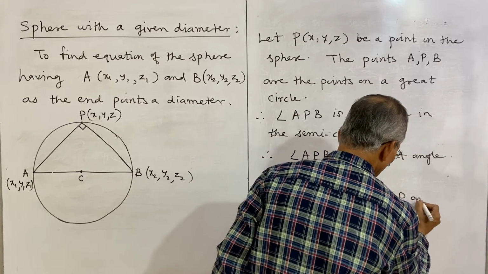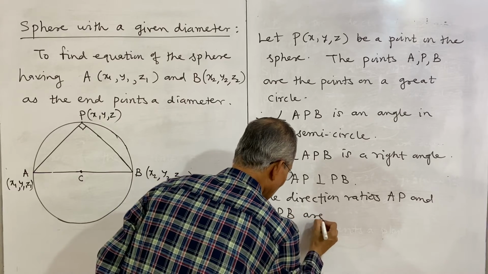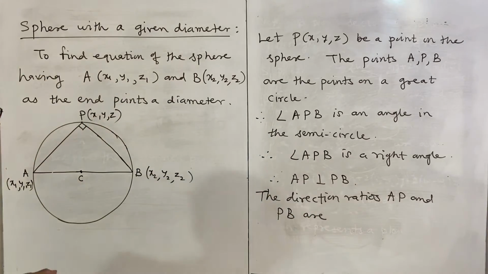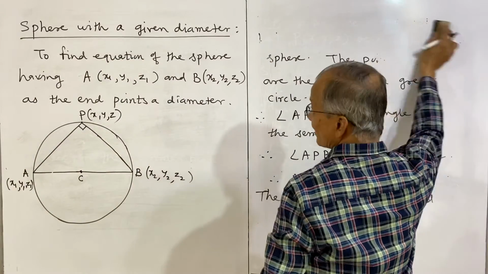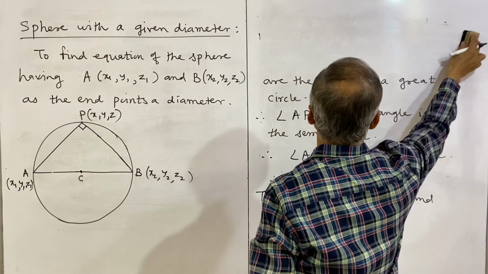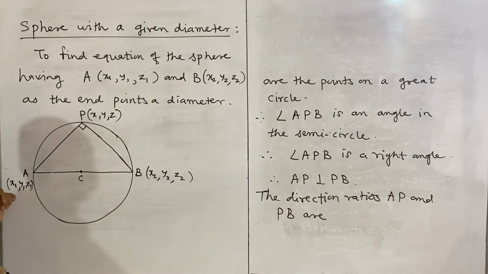We can write the direction ratios as the difference of the coordinates in any way, either x1 minus x or x minus x1.